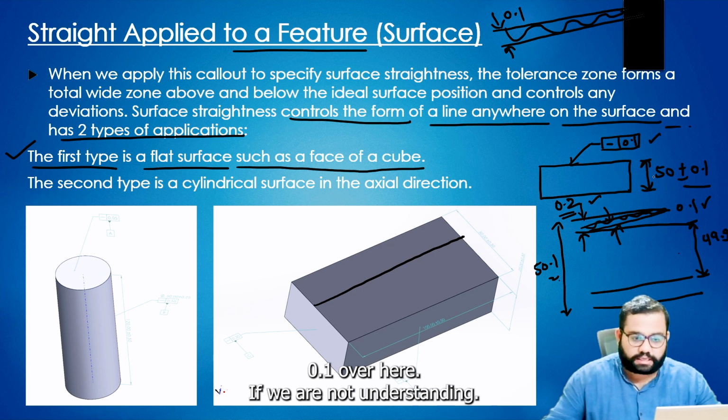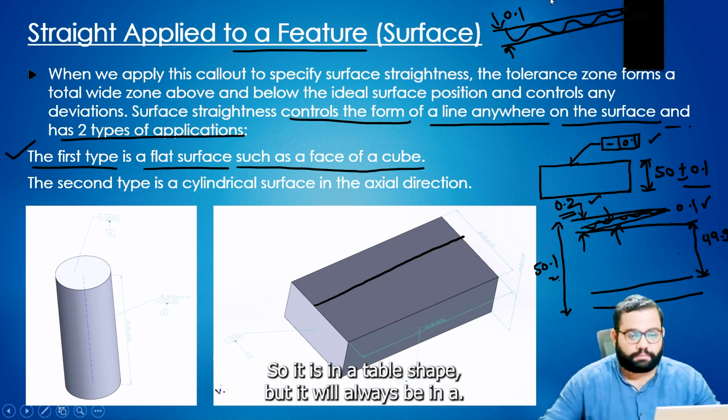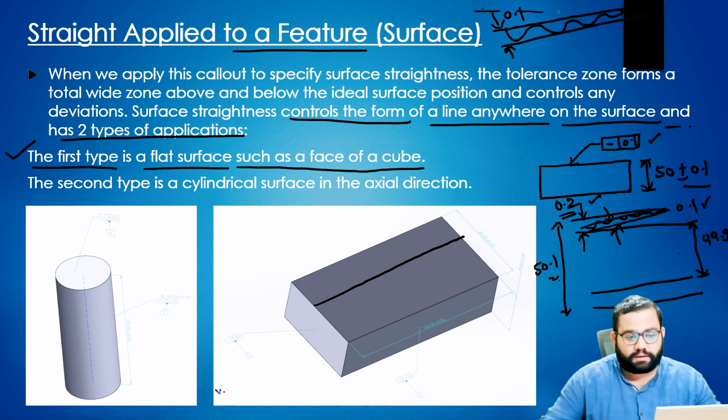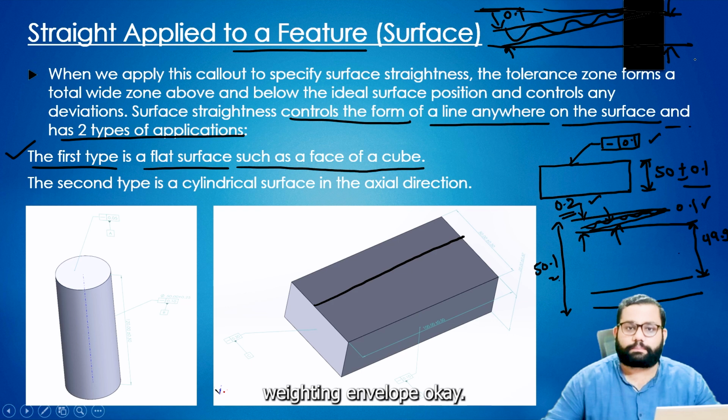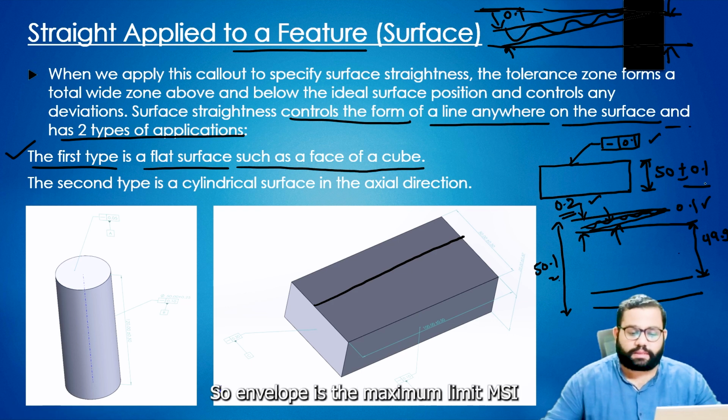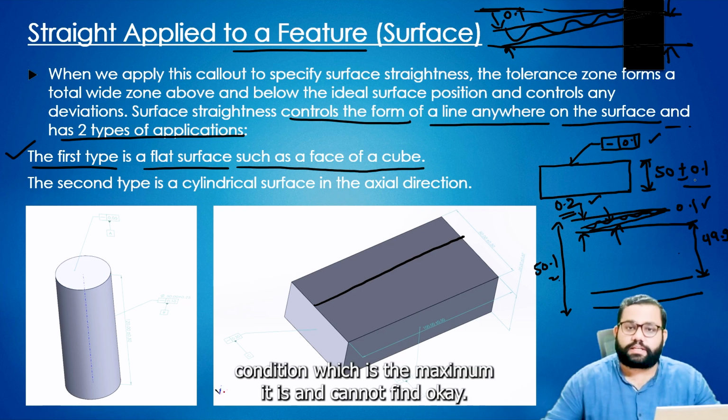Even though it is a taper shape, rule 1 always acts. Rule 1 says that the part should fit into the actual mating envelope. The envelope is the maximum limit, the MMC condition, which is the maximum material condition of the part.